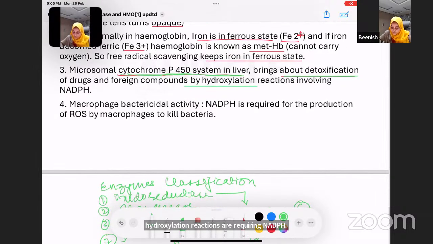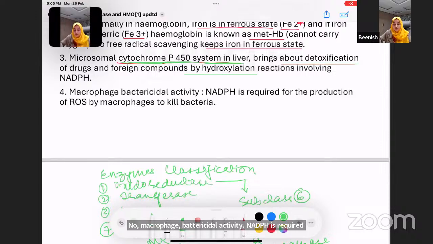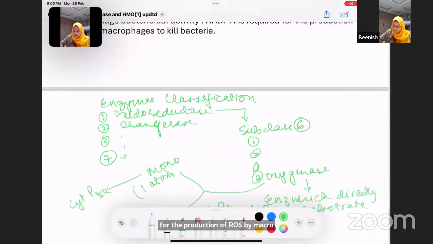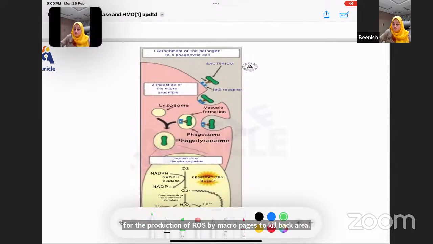Now, macrophage bactericidal activity. NADPH is required for the production of ROS by macrophages to kill bacteria. See here, what happens is, your phagocytic cells, these are your professional phagocytes, like macrophages, neutrophils, dendritic cells.